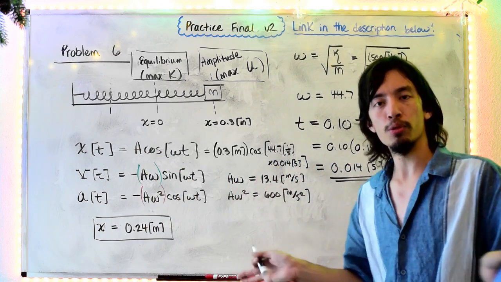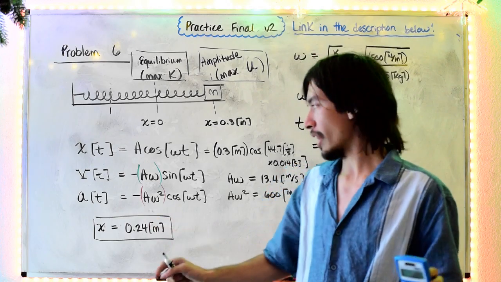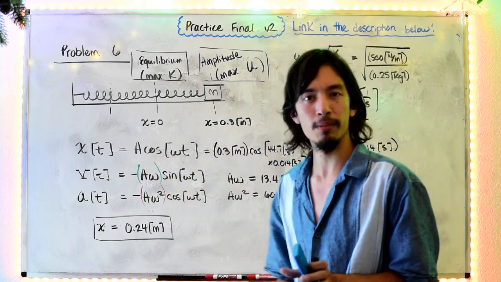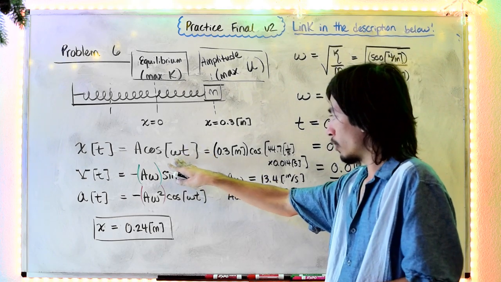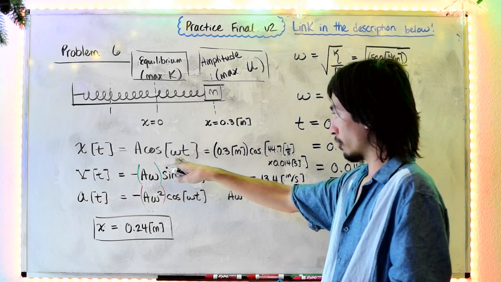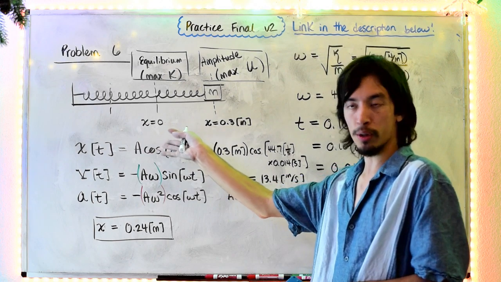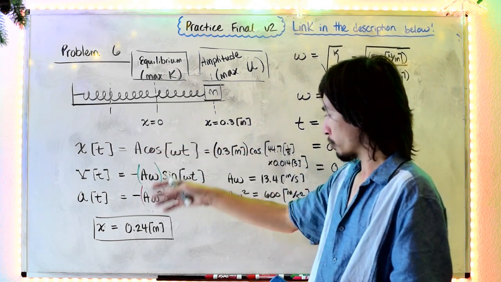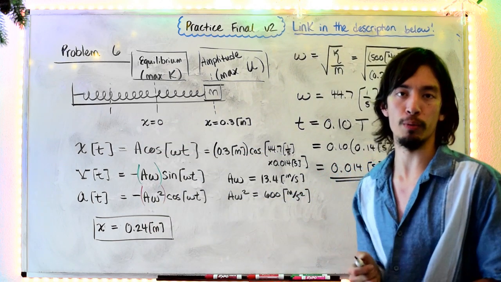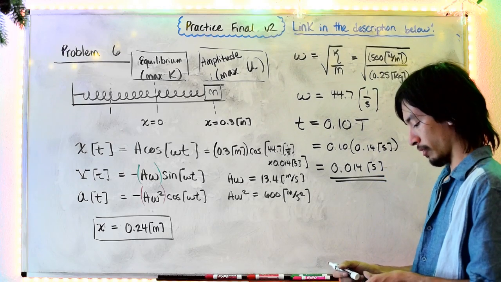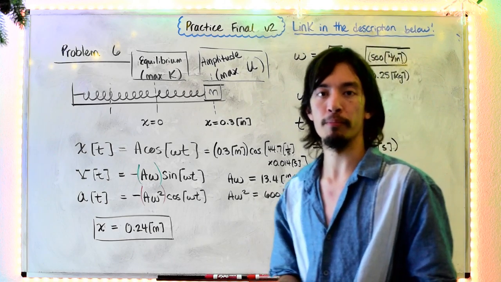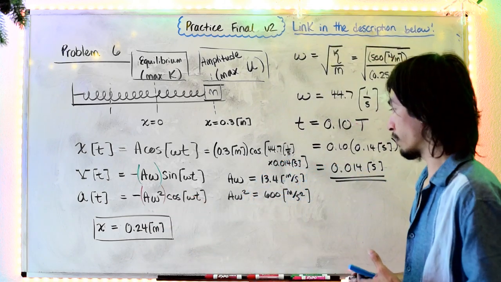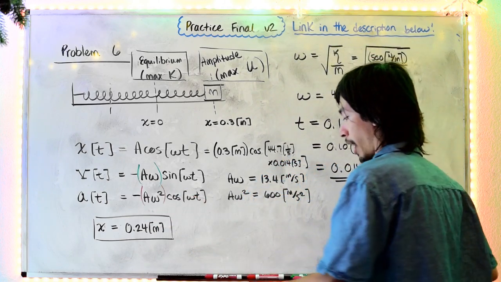So since all my numbers were right, the only other thing was that plugging into the cosine function, it's got to be in radians. So change the calculator into radian mode, multiply it, and you get the correct answer, and that's much more reasonable for 10% of the period. Okay? So always make these checks of the reasonability so that you can see if the answer is close to right or not.